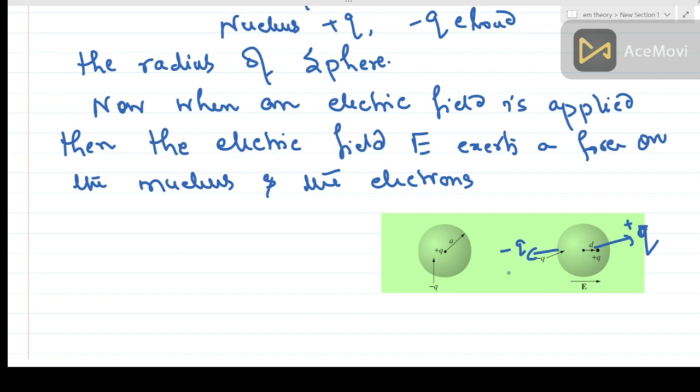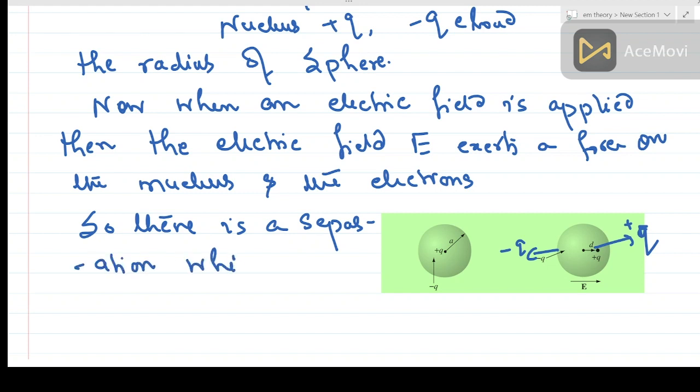So what is happening? Due to this electric field, there is the induction or a separation is induced in the system that was initially symmetric. So there is a separation, try to understand in this way, separation which is induced.